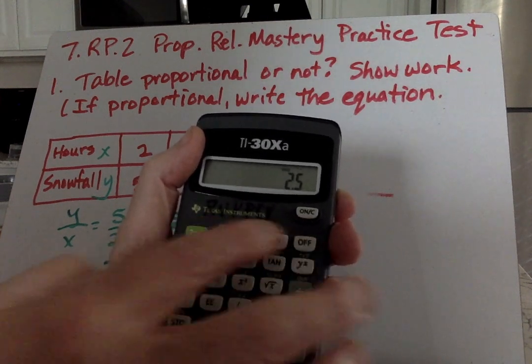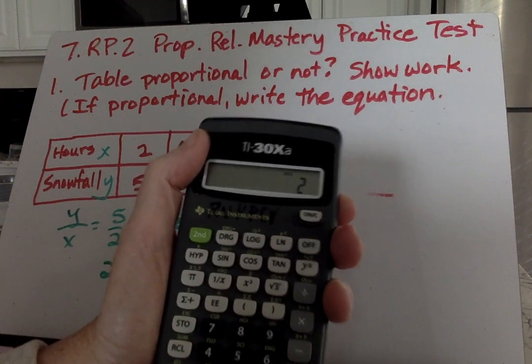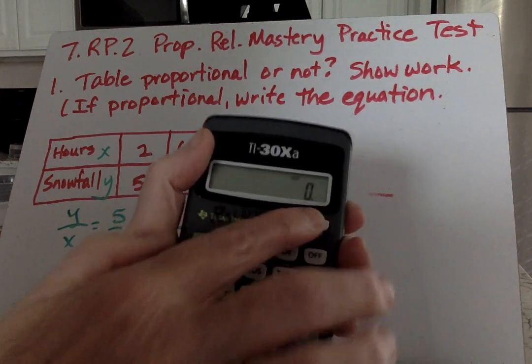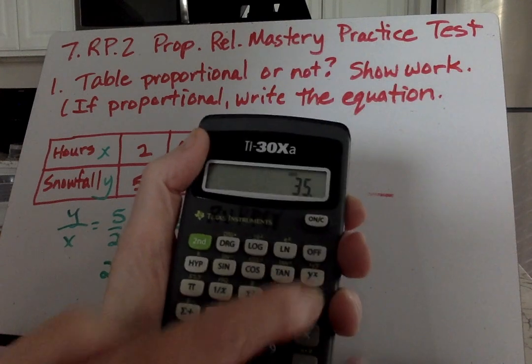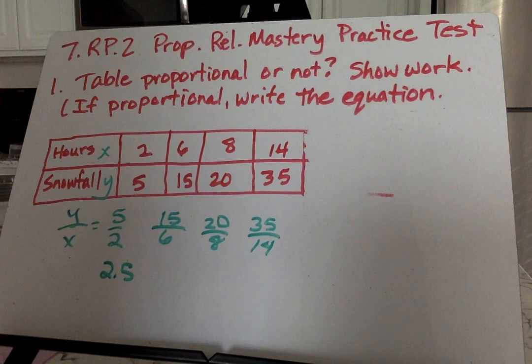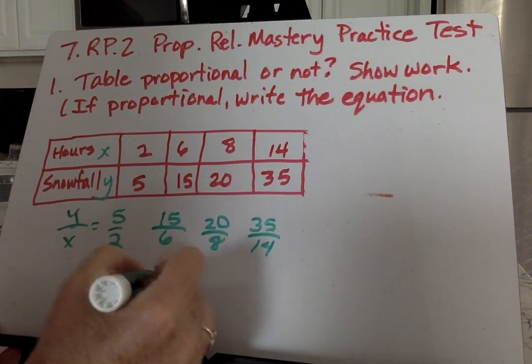Then I clear that out. And then 20 divided by 8, 2.5. And then 35 divided by 14, 2.5. So all of these, when I divide them, equal 2.5.